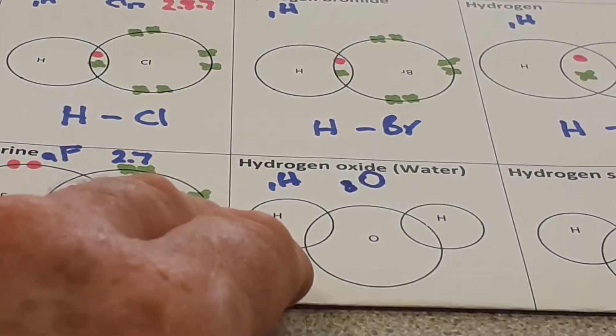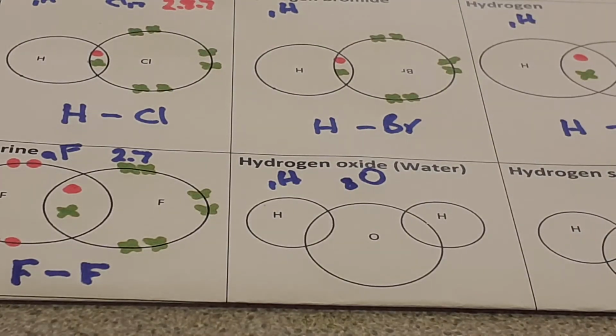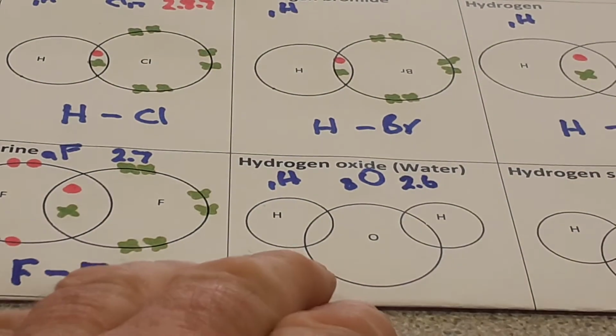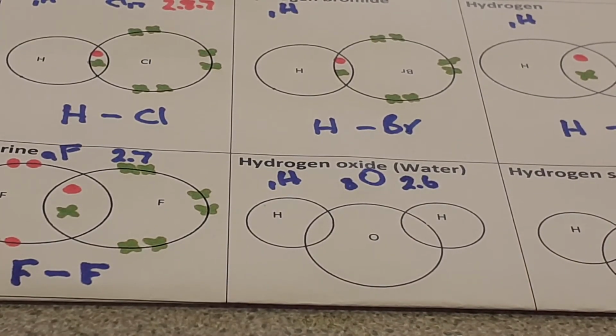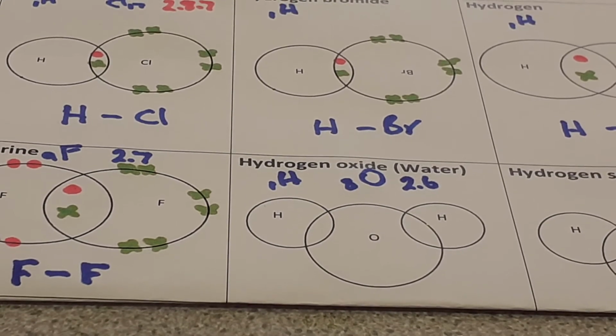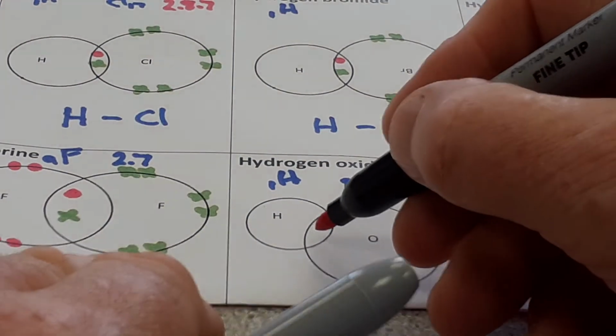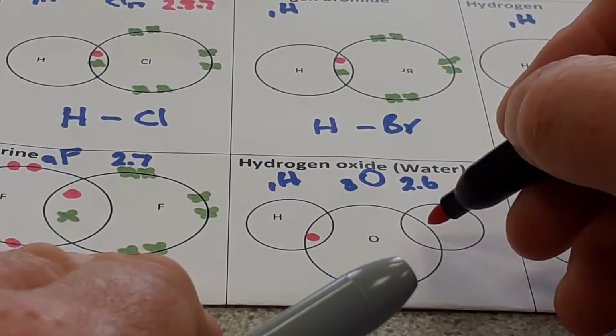So, that means oxygen's electrons are arranged 2, 6. So it needs 6 electrons for a full outer shell. Sorry, it needs 2 electrons to get a full outer shell. So that means it needs to share twice. Hydrogen only needs 1 electron for a full outer shell. So it needs to share.